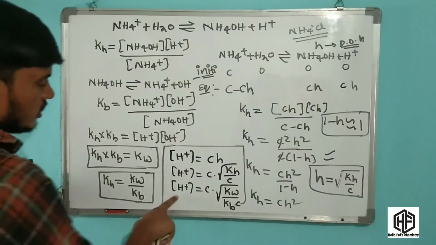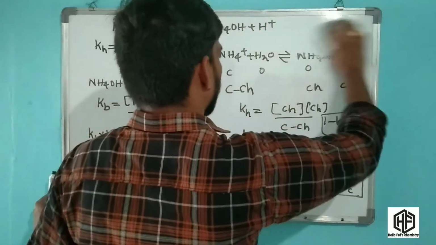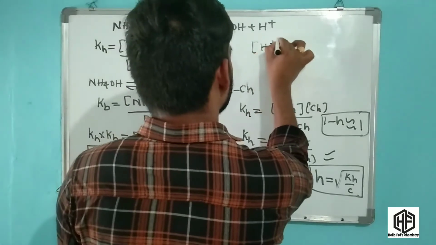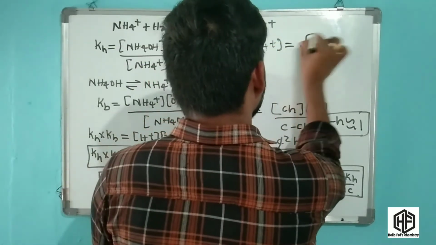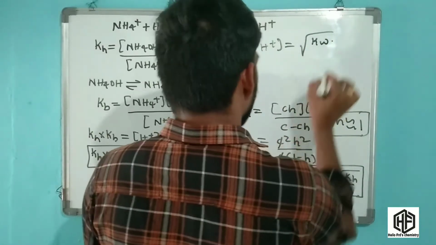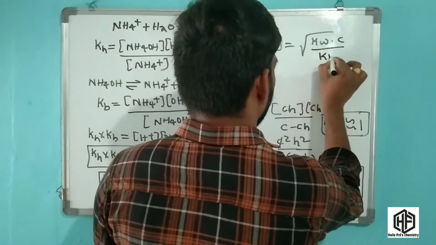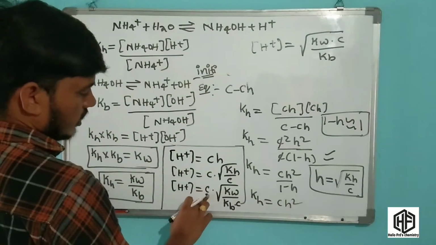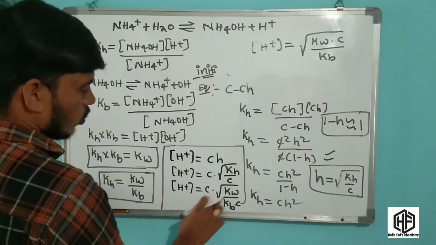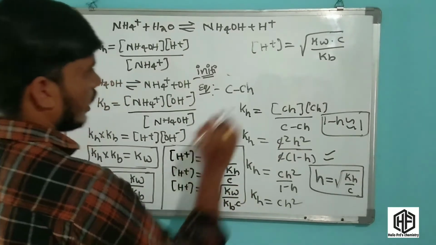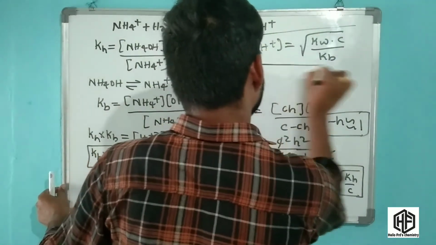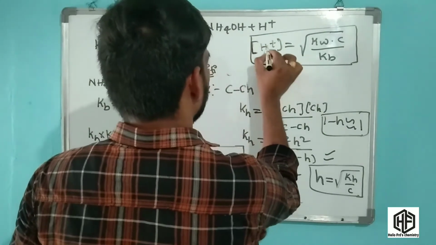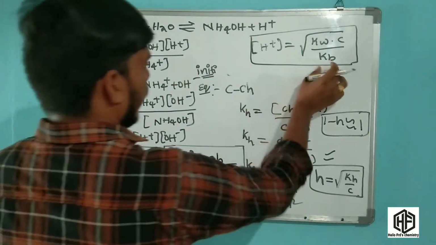Now this is the H+. Finally, the H+ ion concentration is equal to root over Kw into C by Kb. Now this C inside the root becomes C squared, and one C is cancelled. So [H+] = root over Kw into C by Kb.